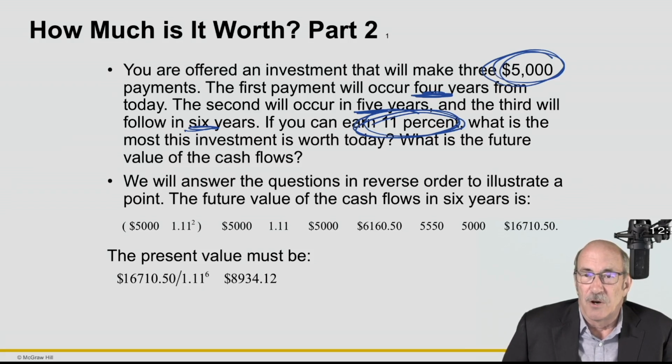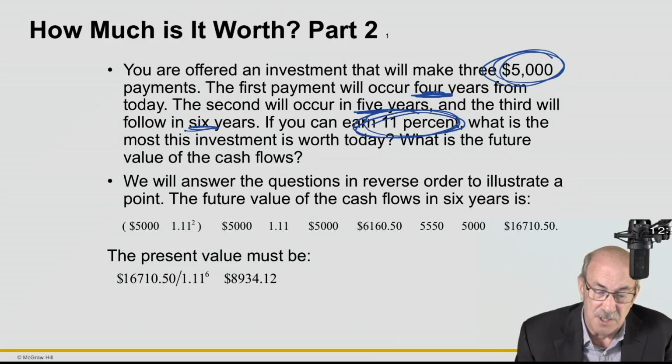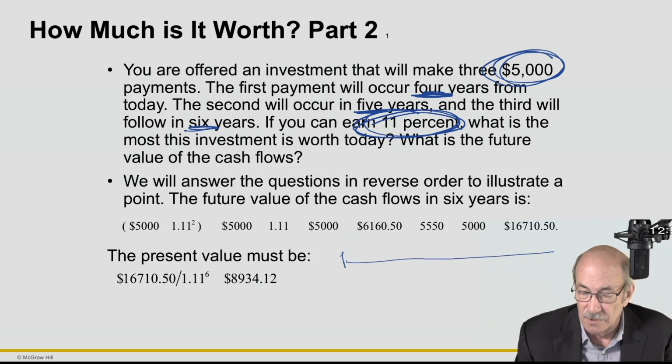And we want to know what is the most this investment is worth today if we were to buy it today. So let's look at this timeline here, because this one is a little unusual. So we have time 0 and we have time 6. And if we do this as 3 in the middle, 1 and 2 and 4 and 5.